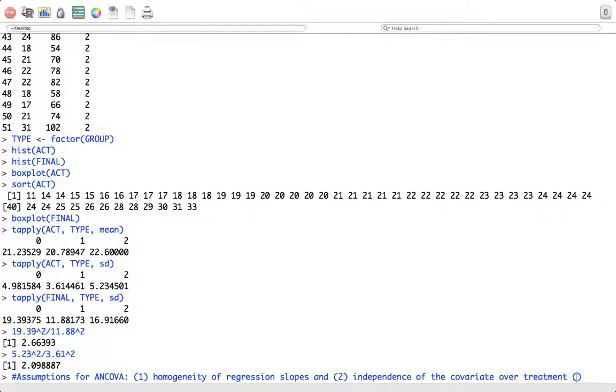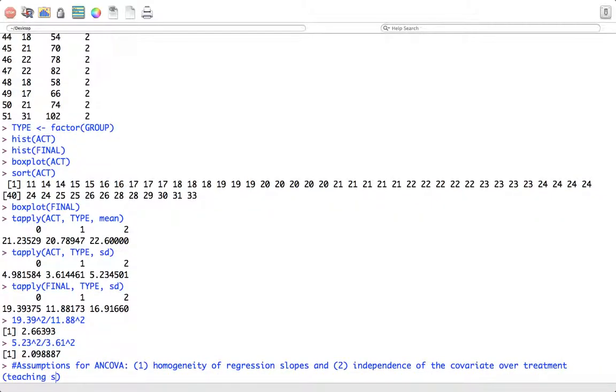And in this case, treatment is teaching techniques. Okay, so we need to test those.